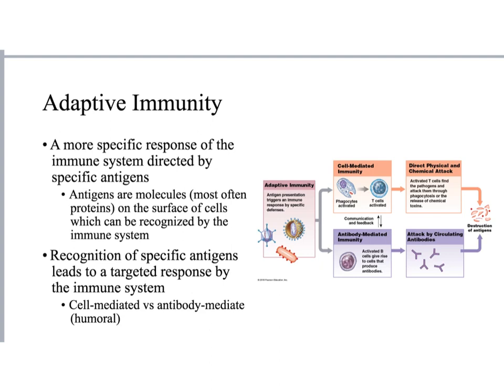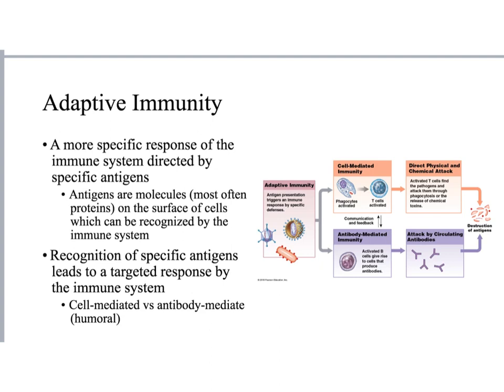So as I mentioned, adaptive immunity is a more specific response, whereas innate was pretty much general, meaning regardless of the antigen that was reacted against, the response would be the same. So we talked about things like inflammation, for example, not very specific to any particular type of injury or infection, but pretty much the same type of inflammatory response to any injury or infection.